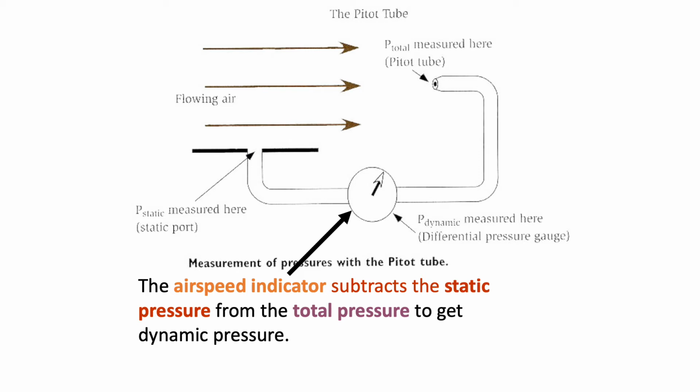There's a diaphragm that separates the two inside, and therefore it mechanically subtracts the static pressure from the total pressure to give you dynamic pressure. But rather than read it out in pressure, which would be kind of meaningless to you as a pilot, we label the gauge in knots or miles per hour.